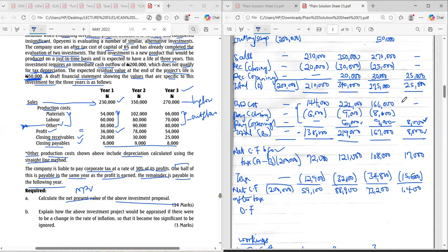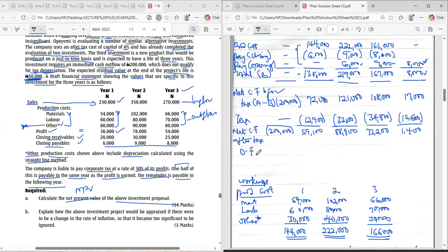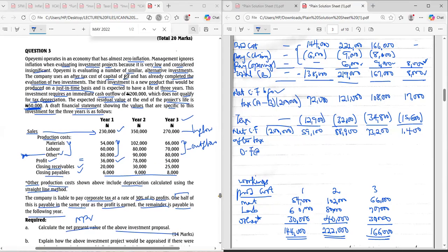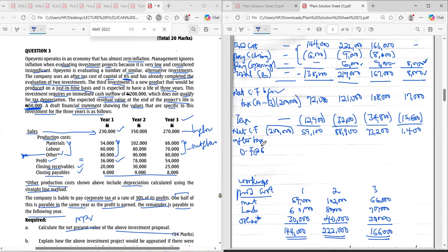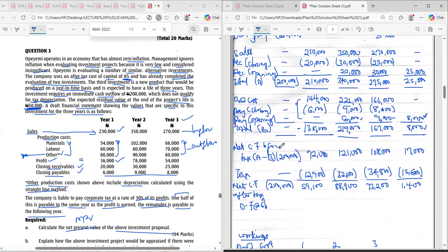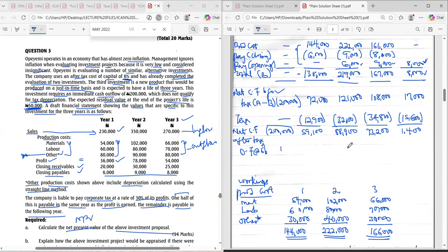All right. If there's no other question, please, what's our discount factor? How many percent? Based on the question, what's our discount factor? 6%. I think I saw it here. So in the first year, which is year 0 to be what? 1. So please do the rest for me.